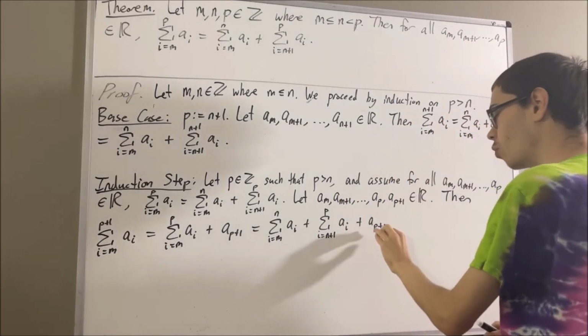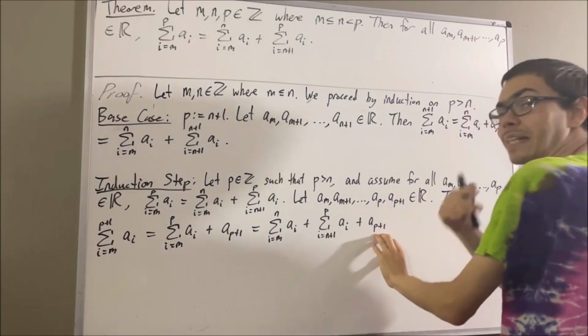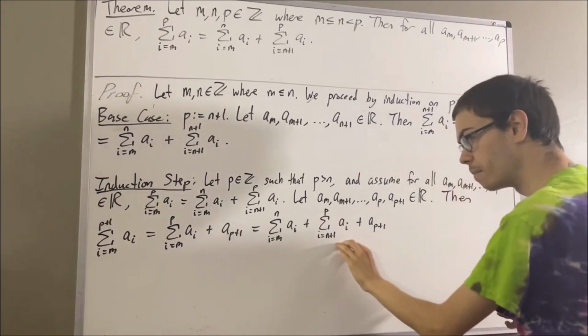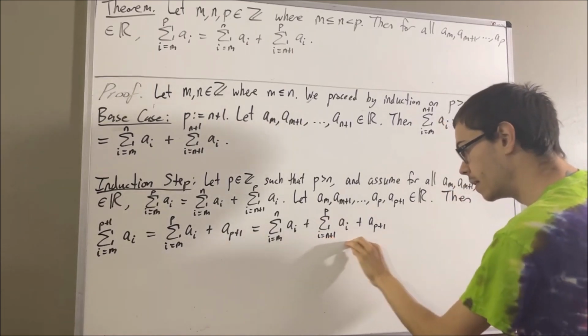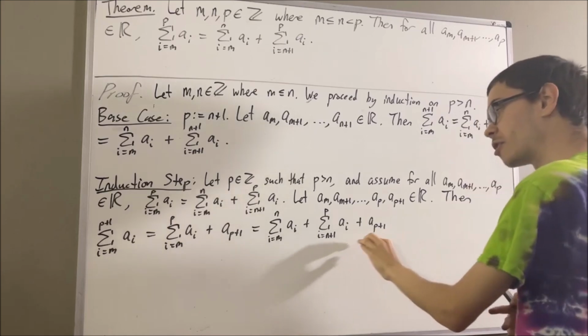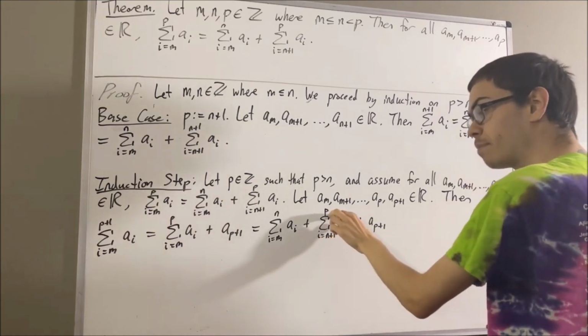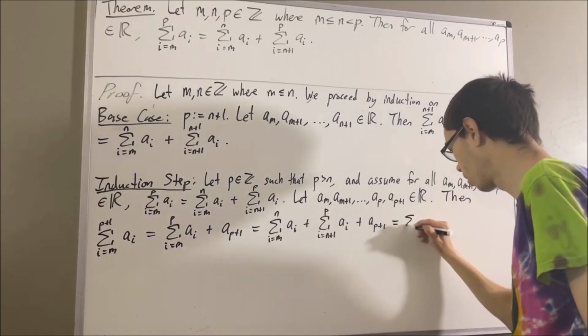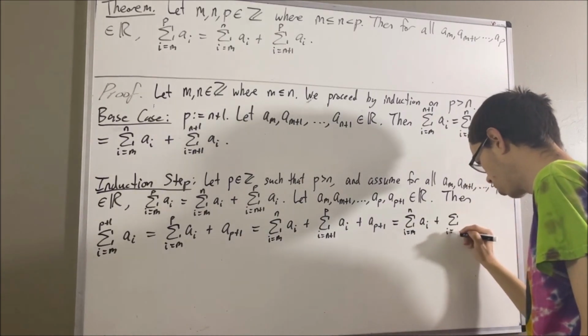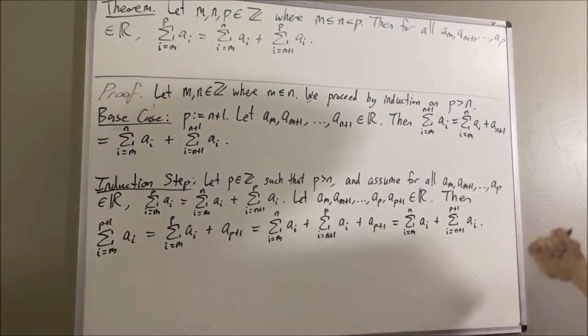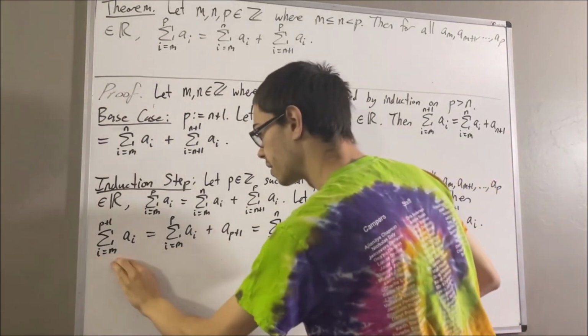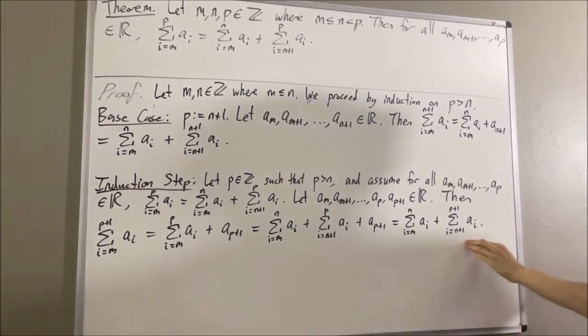But now notice, we know that ap plus 1 is the p plus 1th term of this sum. So really, we can rewrite this as the sum from i equals n plus 1 to p plus 1 of ai. So notice, we have shown that this is equal to this.